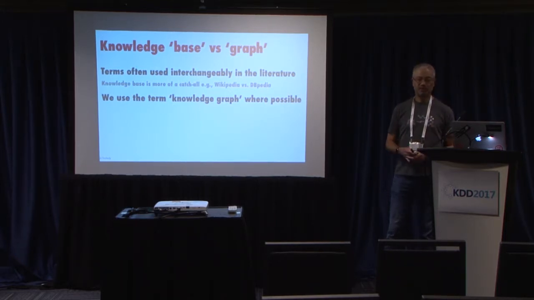So we tend to use the term knowledge graph to refer to the structured formulation of these knowledge bases that has some way of doing query and analysis using traditional graph algorithms. We don't restrict it to be an OWL RDF data set.